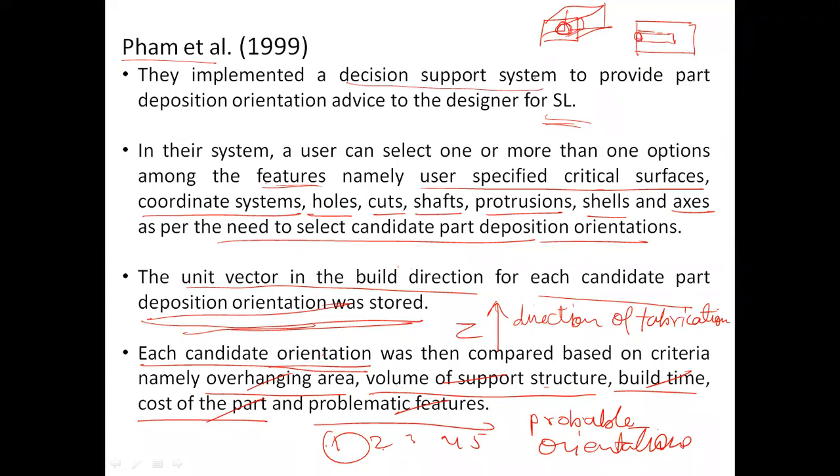If a viewer is observing this from the top view, he will not be able to see the cavity. He can only see the cavity from the front view.